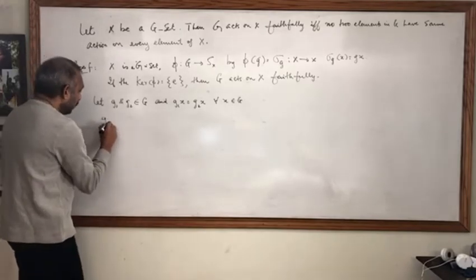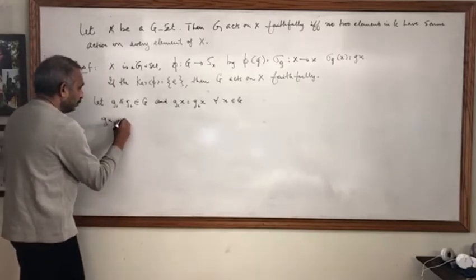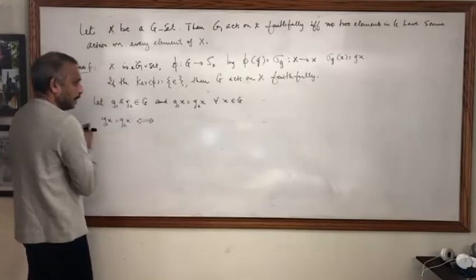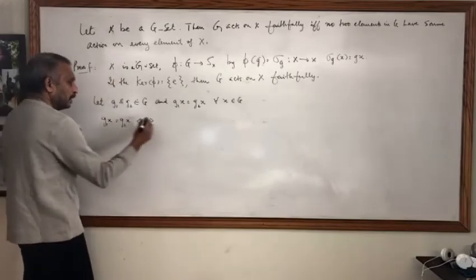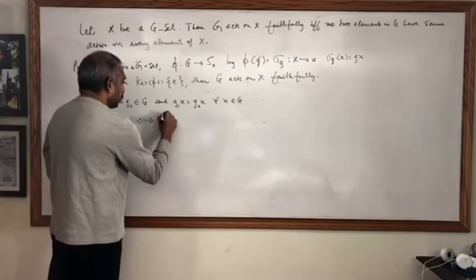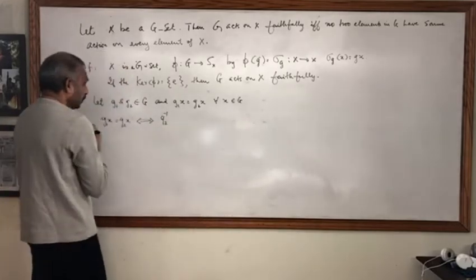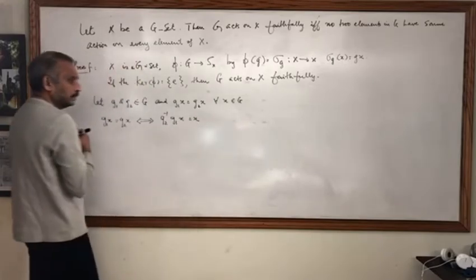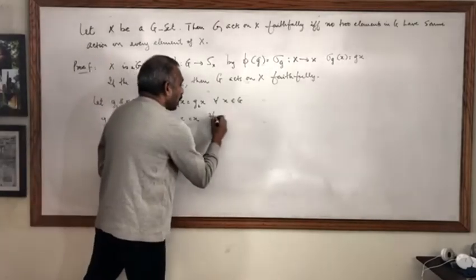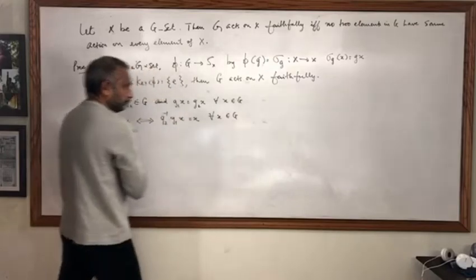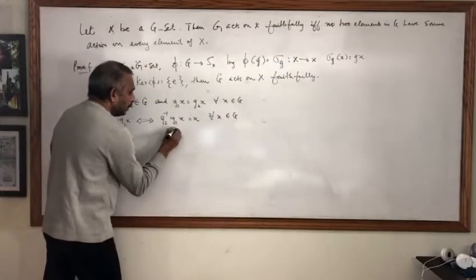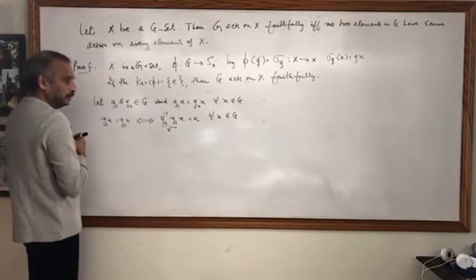So g1x equal to g2x if and only if g2 inverse g1 of x equal to x for all x in X. And this is satisfied only when g2 inverse g1 is equal to e.